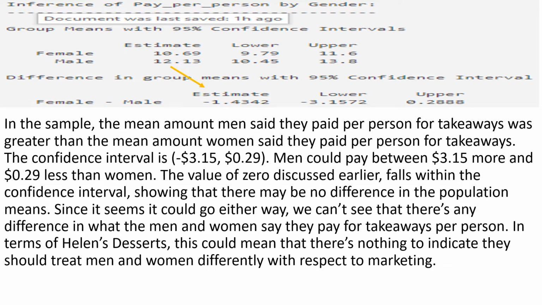Since it seems it could go either way, we can't see that there's any difference in what the men and the women say they pay for takeaways per person. In other words, people, even though it kind of looks as if men pay more, it can be that men are in reality actually paying 29 cents less.